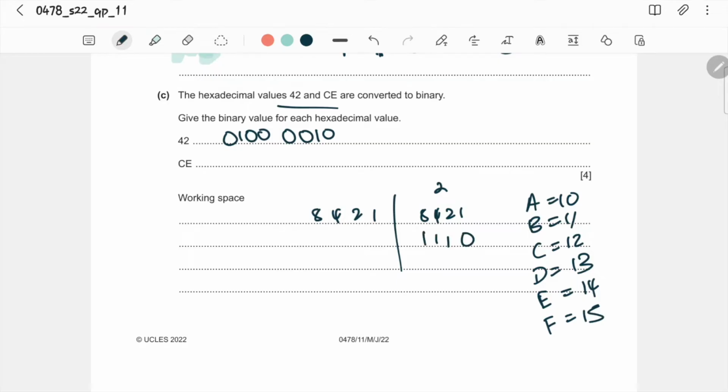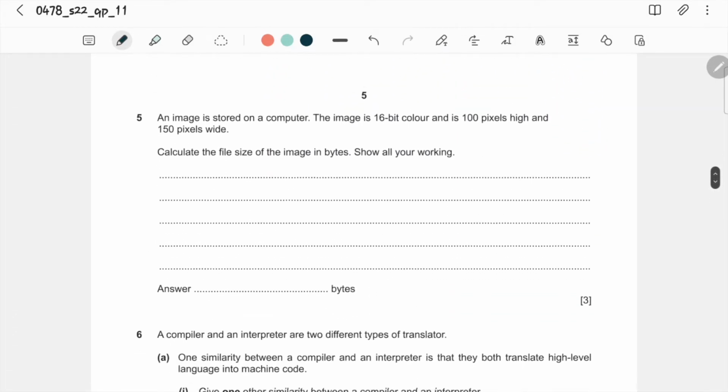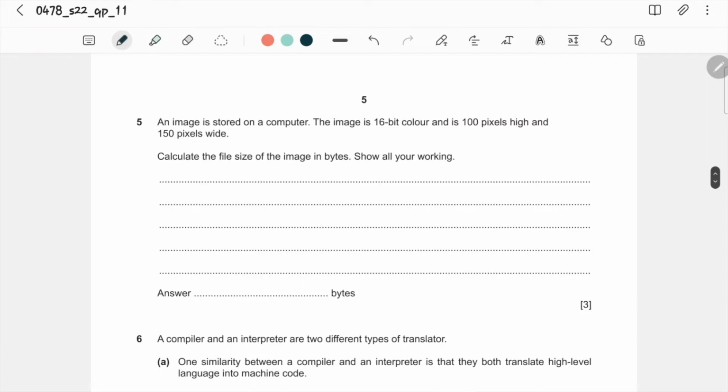And then if I want to make C, which is just 12, I'm going to make 8 plus 4, so 0, 0, 1, 1. So the answer is that. Let me just confirm. 8 plus 4 is 12, plus 2 is 14, yeah. So that is the answer to that question. You get your easy 4 marks there. Easy 4 marks. Let's move on to the next question.